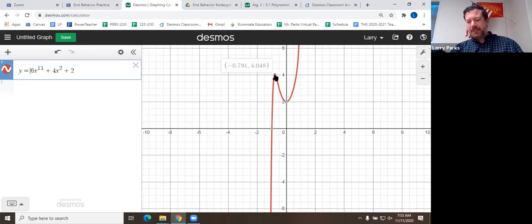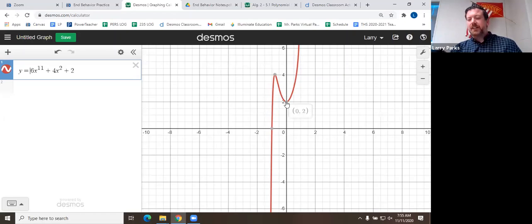So we would call that a relative maximum. And the reason why that's called a relative maximum is because it's not really the maximum because it goes up forever, right? So it's not really the tallest point, but it is a point at which it changes direction. So it's going up, up, up, up, and then starts going down. So we call that a relative maximum.